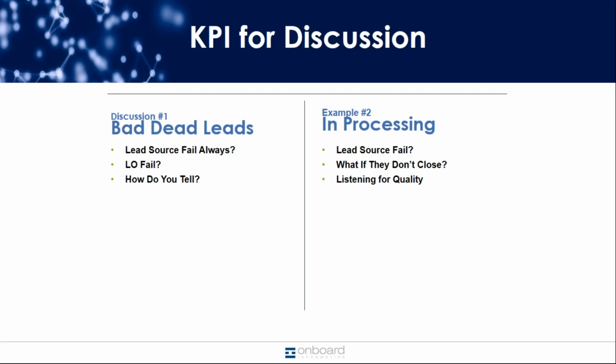And then the other thing is, very early on, I would watch what comes out of your sales floor into process, because listen for quality of loan applications and packaging, and just make sure that you're getting good quality packages into the organization from your sales team initially, because remember, your sales team is going to feel a pressure to perform as well. If you launch a new media campaign, everybody wants it to be a success.